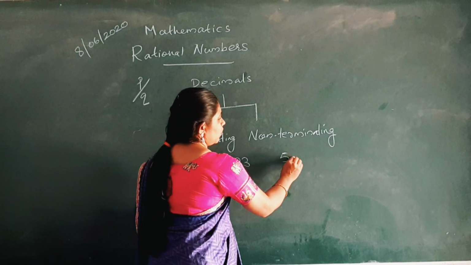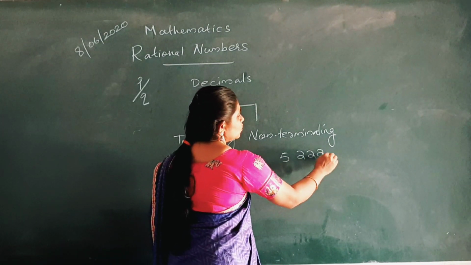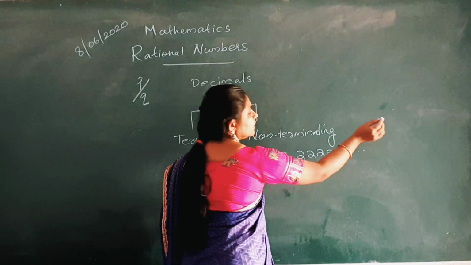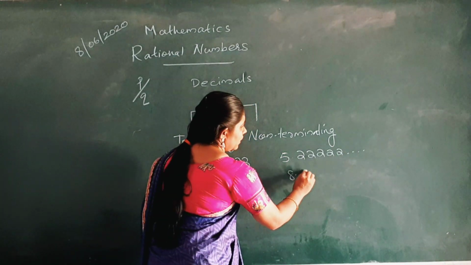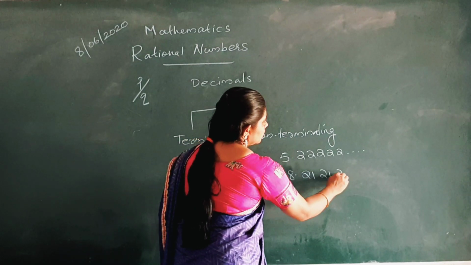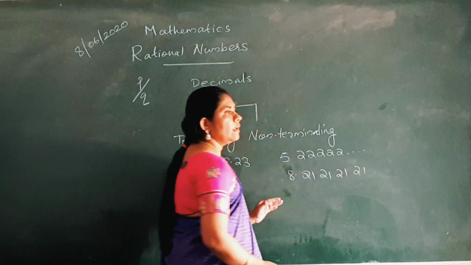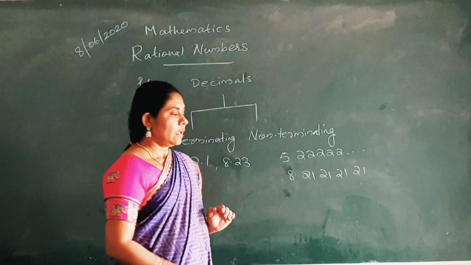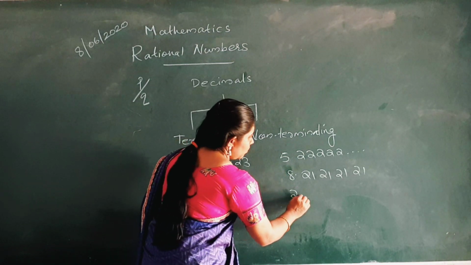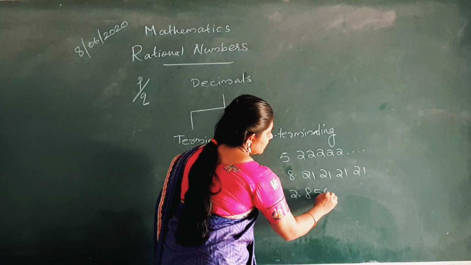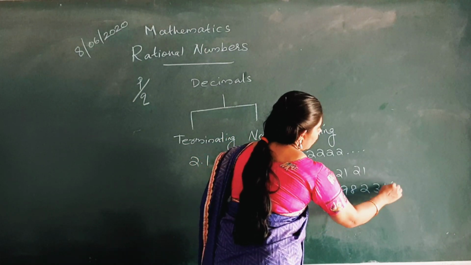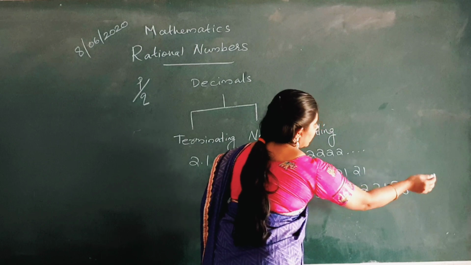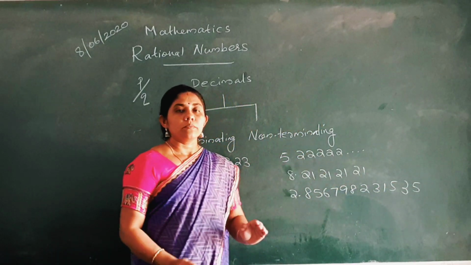Example, 5.2222 like that goes on, or 8.212121 like that goes on. Another example, 2.856798231535 like that goes on.